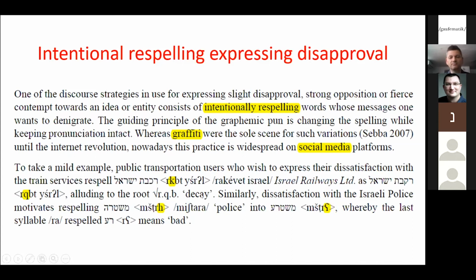Different spelling alludes to something else. Same for the police. People who don't like the Israeli police would not write mishtara with a final hey, but with a final ayin, which alludes to the word ra, which means bad. They don't like it, and they show it by spelling, not by pronouncing.